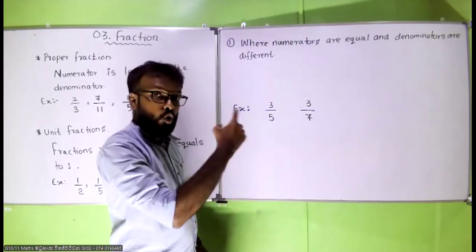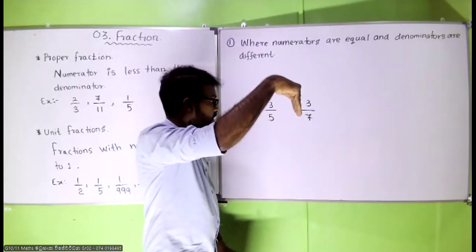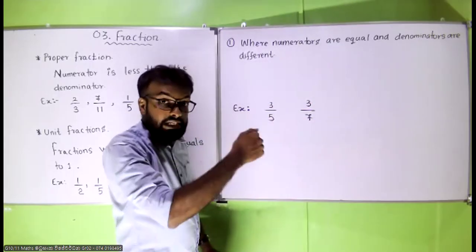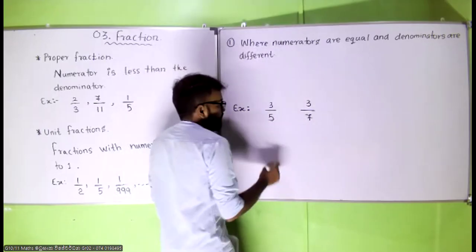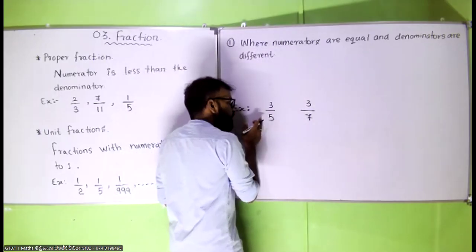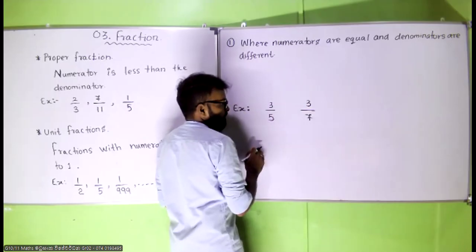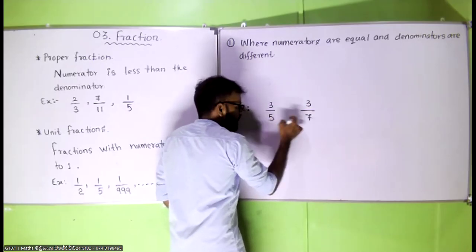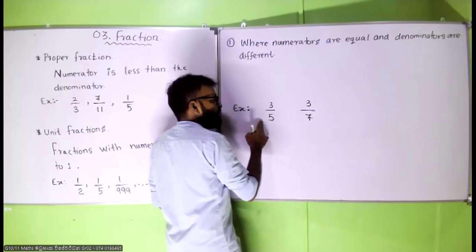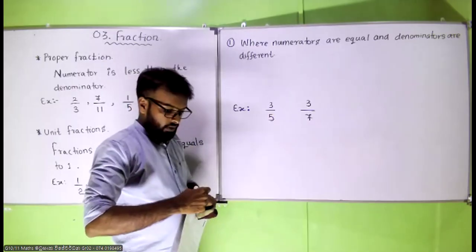What happens to the total value of the fraction? It gets decreased. So the total value of the fraction is getting decreased to this side. So which fraction has the highest denominator? You need to think about that.